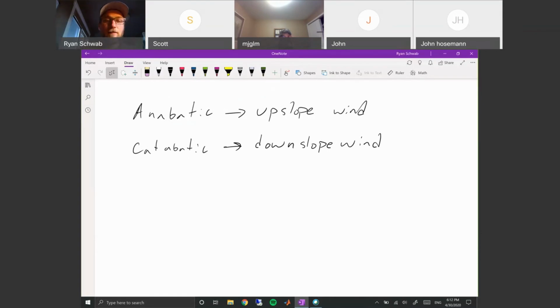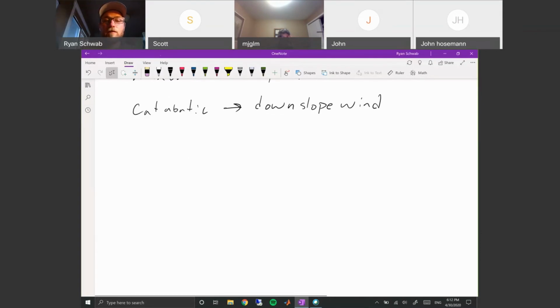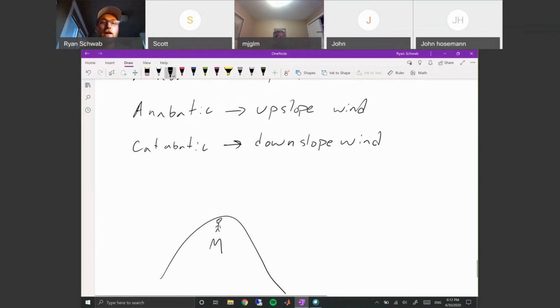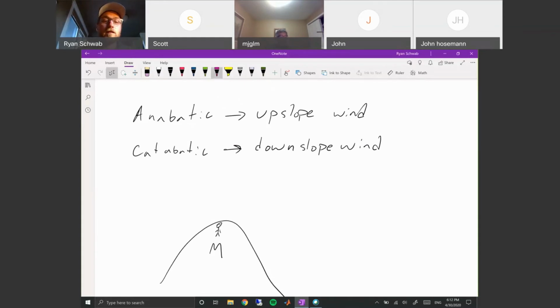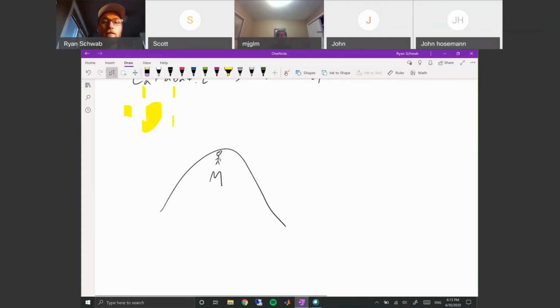So our basic concepts on these anabatic and katabatic winds, I'll draw this as if we're sitting on top of the M here in Bozeman, or a pilot hanging out. The main idea with these is that as the sun comes out and starts warming up the ground, that air, again, is going to rise after it's been sufficiently heated.